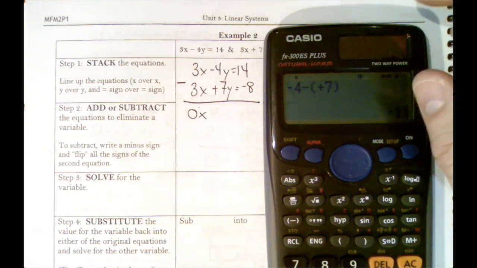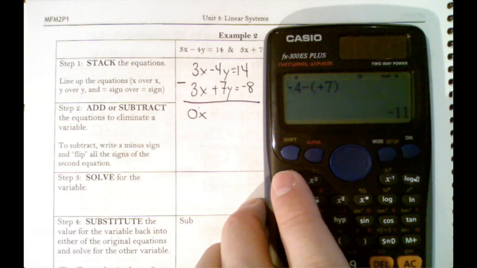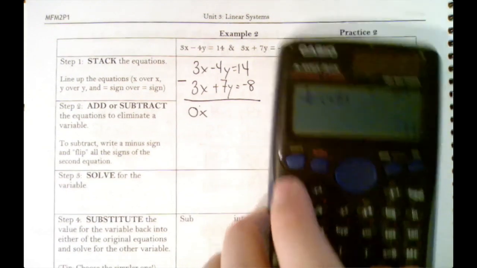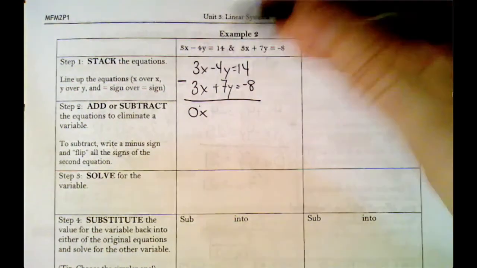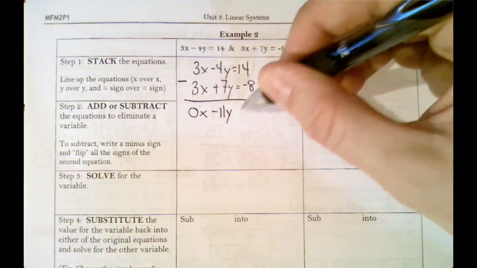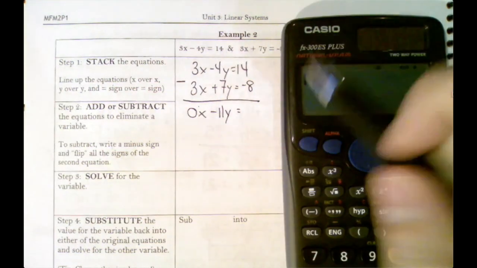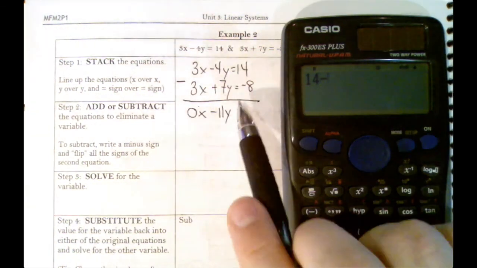For the first couple of times you do elimination, if algebra and signs and integers is something that's challenging, we're going to use our calculator to make sure we get the right answer. So we got negative 4 minus 7 is negative 11. And then let's do our next one. We've got 14, subtract negative 8.